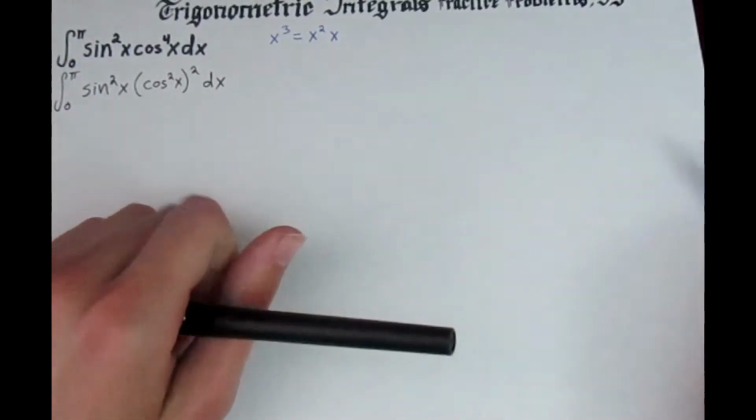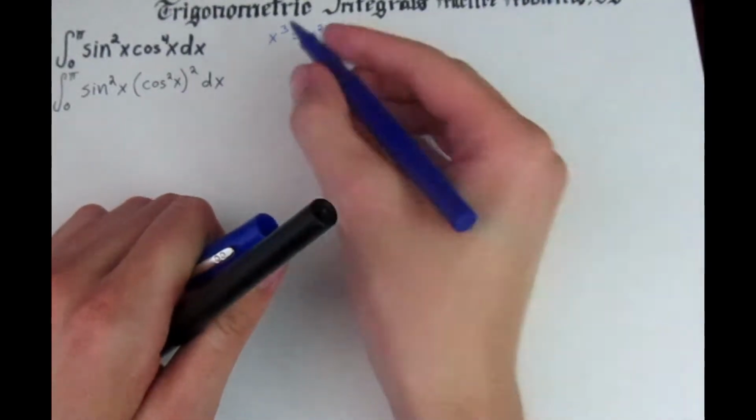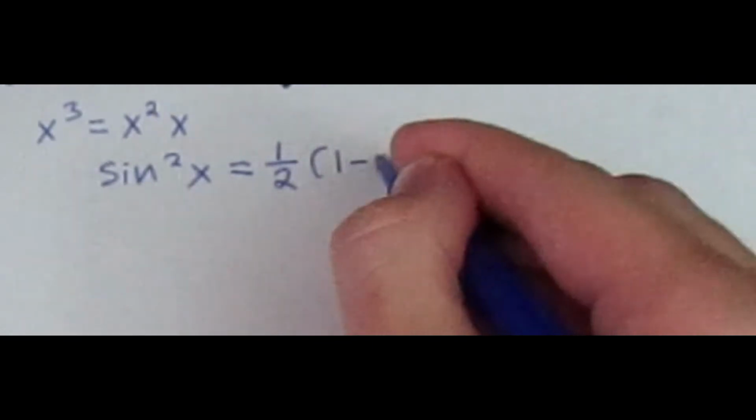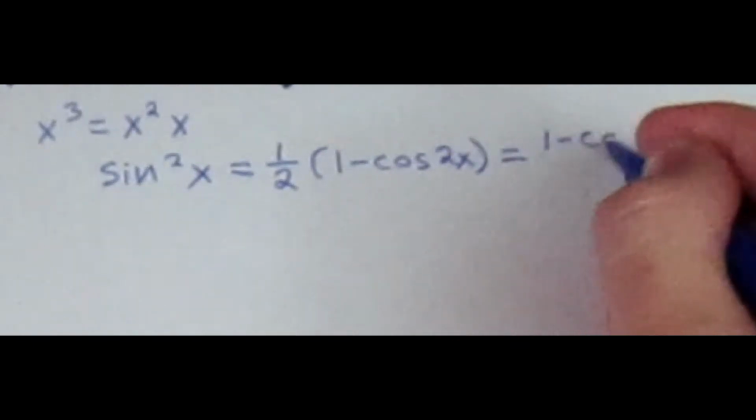This may be a little review from trigonometry. Here's how it goes. Sine squared x equals 1/2 times quantity 1 minus cosine of 2x, which is the same thing as 1 minus cosine 2x all over 2.